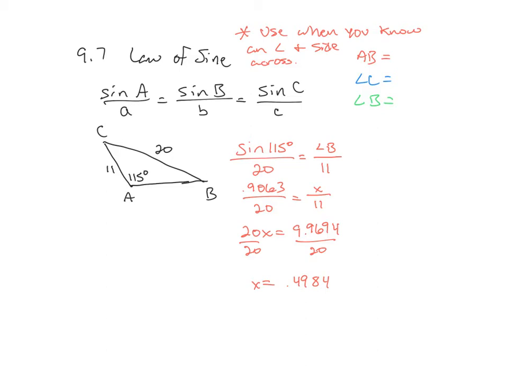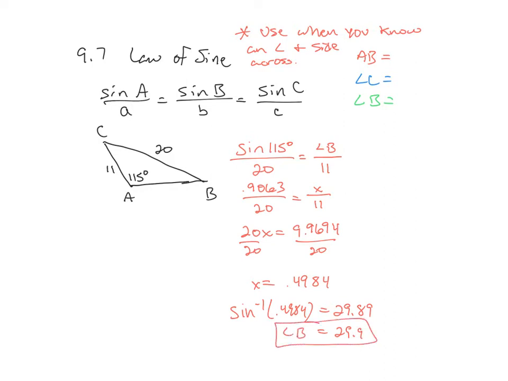Okay, so that's not the angle. Remember when we talked last week, when I'm trying to find the angle, I then have to do the inverse. So if I have a decimal and I'm trying to find the angle, we get 29.89 or 29.9.